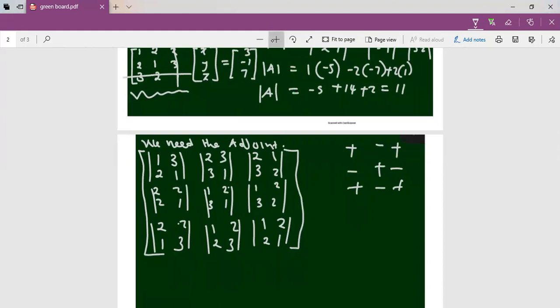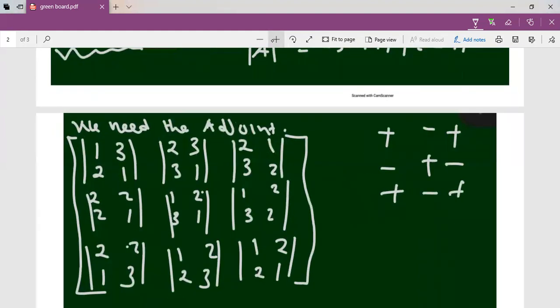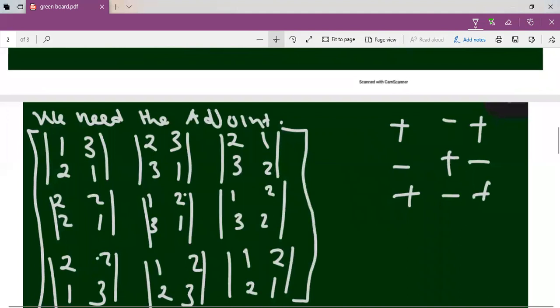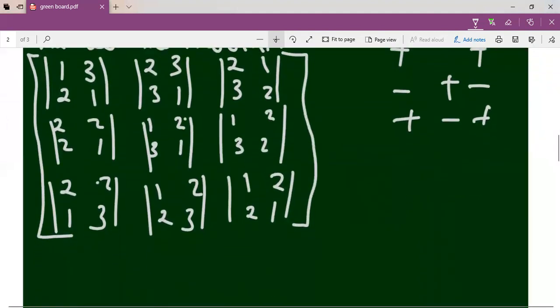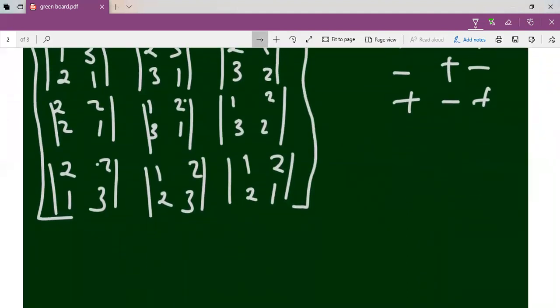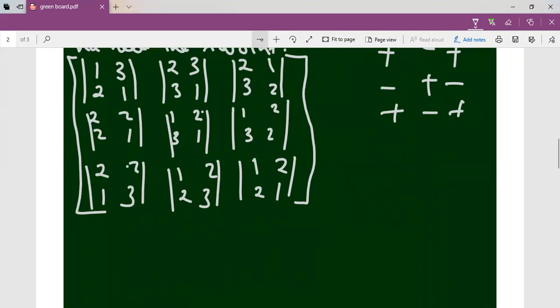Okay, so this is what we have now. So this implies that for the first one here, we will have 1 minus 6, we have -5. 2 minus 9, you have got -7. 4 minus 3, you have got 1.